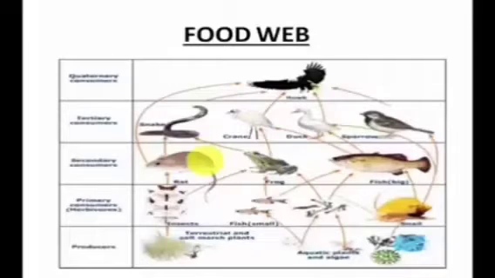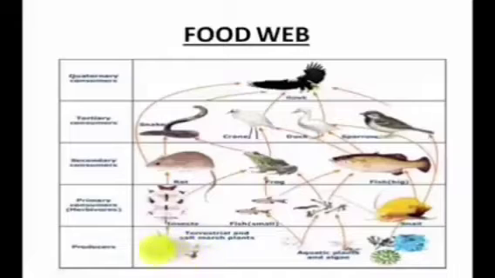The energy transferred is the food at various feeding or trophic levels. In the food web, we show how the energy is being transferred. In the video you're seeing, we are showing how the energy is being transferred. Now, the yellow arrow shows how the energy is flowing in that food web.